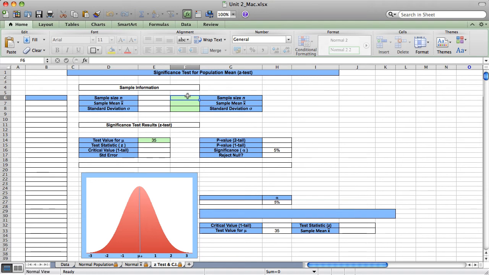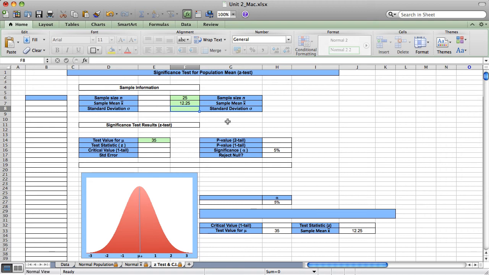I was told that my sample information comes from a sample of 25, and the sample mean was 12.25 ounces. So my random sample of 25 containers produced a sample mean of 12.25 ounces.